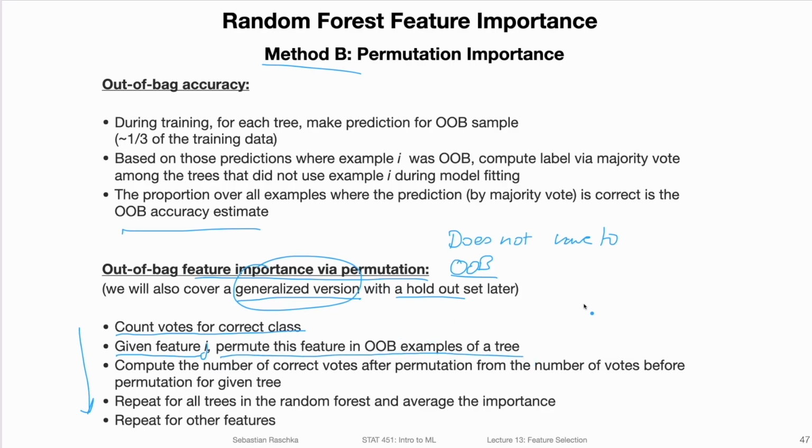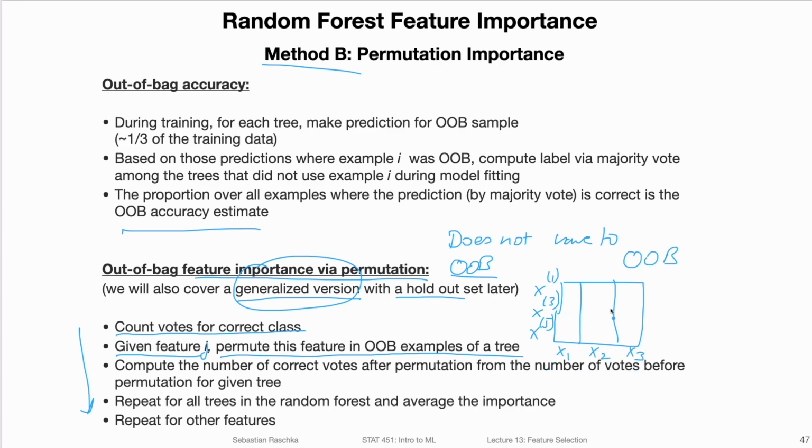So consider we have the out-of-bag examples here, with the training examples as the rows, let's say training example 1, maybe training example 3, and training example 5. And then the columns are the features: feature x1, feature x2, and feature x3.